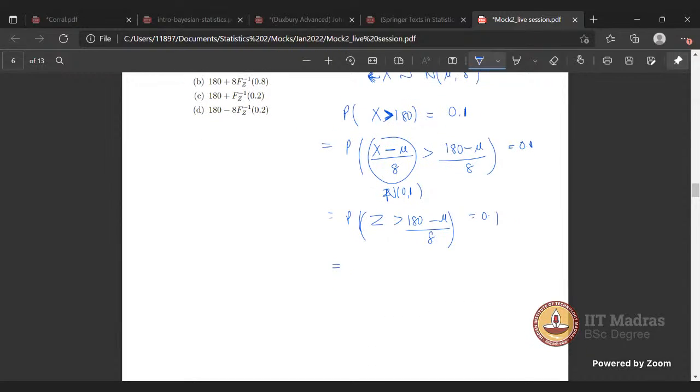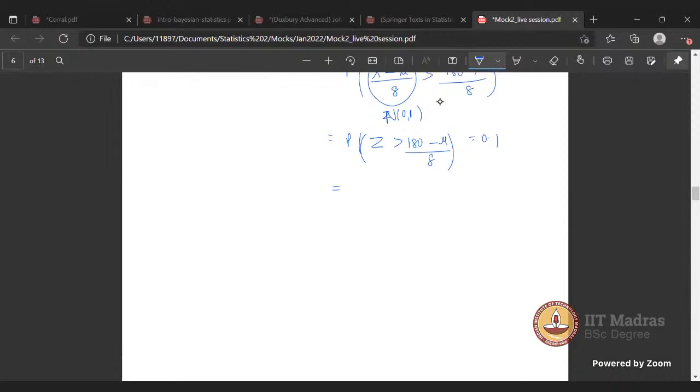So I get probability z greater than 180 minus mu divided by 8. Now this is a random variable z, and this can be written as 1 minus probability z less than or equal to 180 minus mu divided by 8, that is 0.1. Correct?